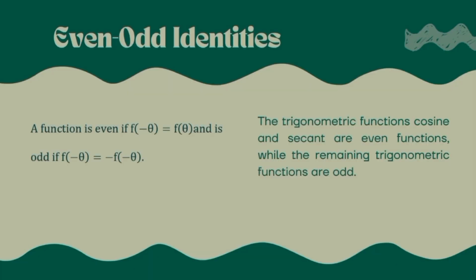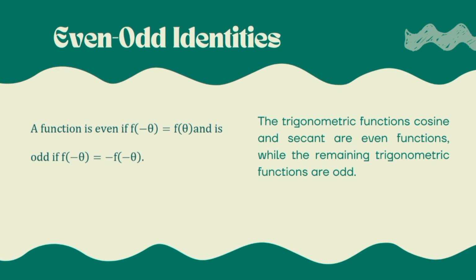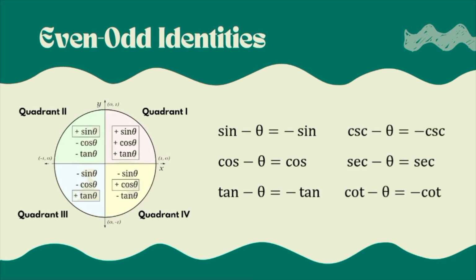Even and odd functions. So in this section, we will segregate the trigonometric functions as even and odd functions. We have 6 trigonometric ratios, namely sine, cosine, tangent, cotangent, secant, and cosecant. These trigonometric ratios give positive values in different quadrants for various measures of angle.